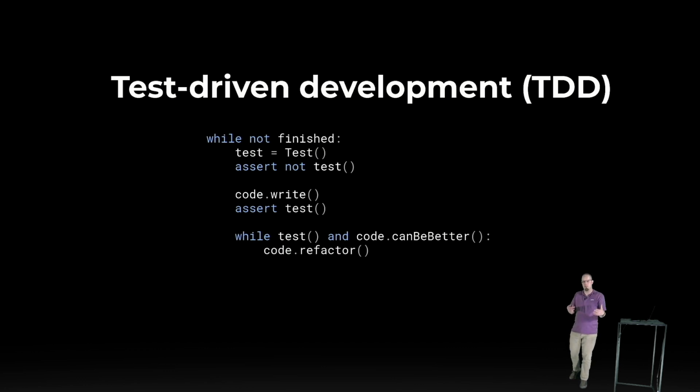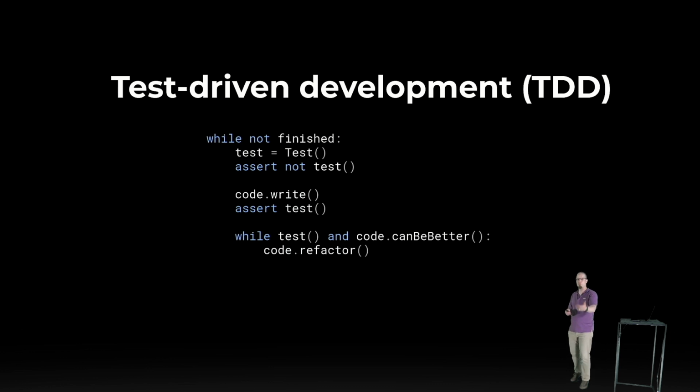There's even a development technique that has been developed around tests, called test-driven development. Here I have some pseudocode that suggests how you proceed with test-driven development. The idea is, every time you want to modify your code, you first write a test stating what it should do, and the test should not pass with the existing code.